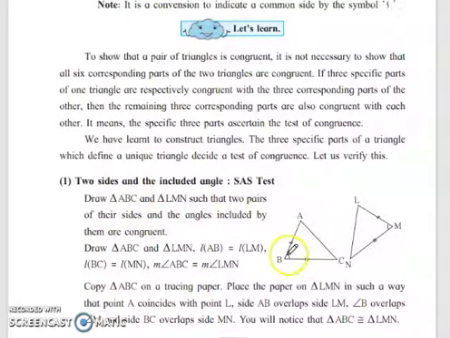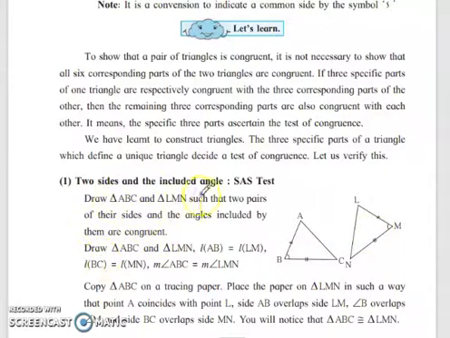Means this is first side and this is second side. So the angle which is included in both these sides should be congruent to the angle included between another 2 sides. Then if these 3 parts are congruent to these 3 parts of the second triangle, then both these triangles will be congruent to each other.